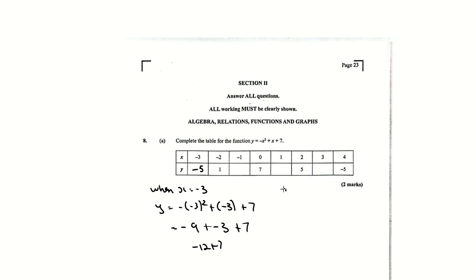Alright? x is equal to negative 1. y would be minus (minus 1) squared plus minus 1 plus 7, which would be negative 1 minus 1 plus 7. That's negative 2 plus 7, which is positive 5.